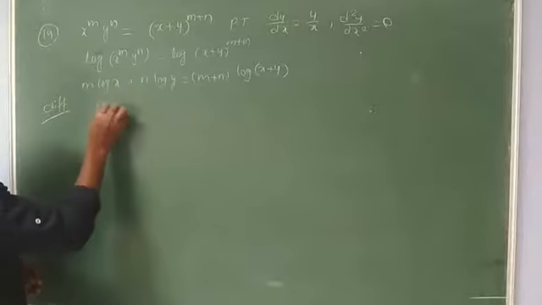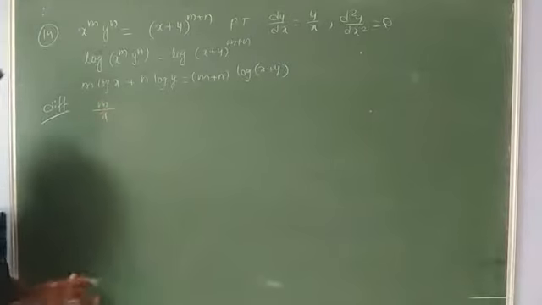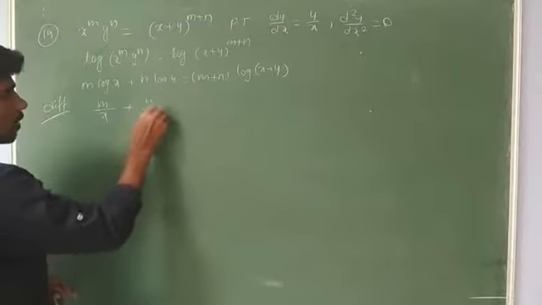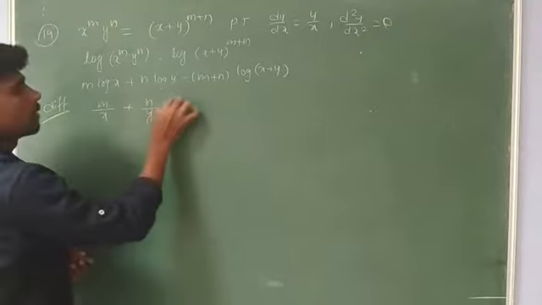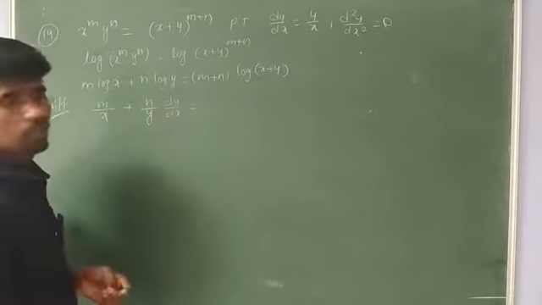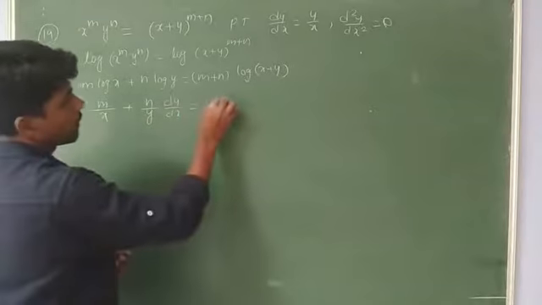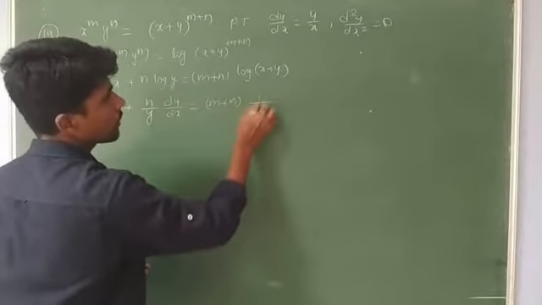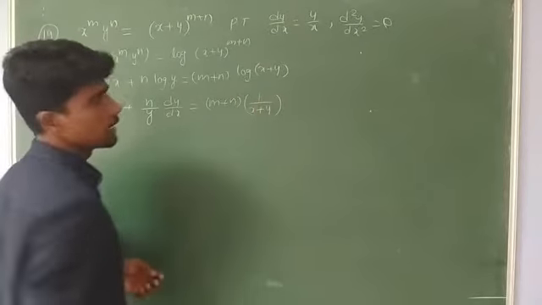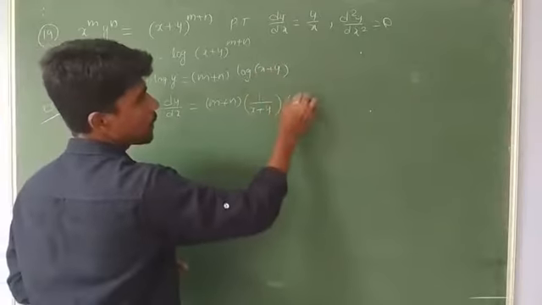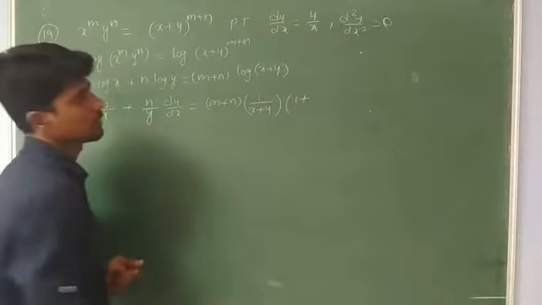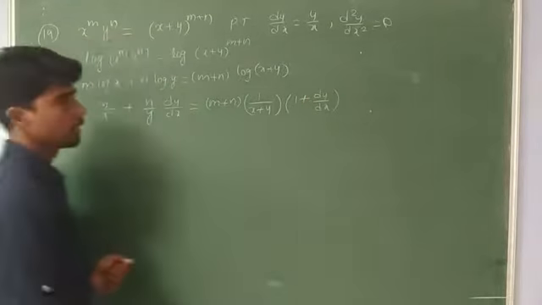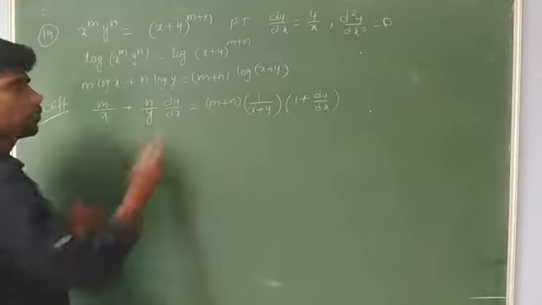M is a constant, log x derivative is 1 by x, plus n is a constant, log y derivative 1 by y into dy by dx, which is equal to m plus n into log x plus y, which is nothing but 1 by x plus y, into derivative of x plus y, 1 plus y derivative with respect to x, dy by dx. Now derivatives one side, constants other side.